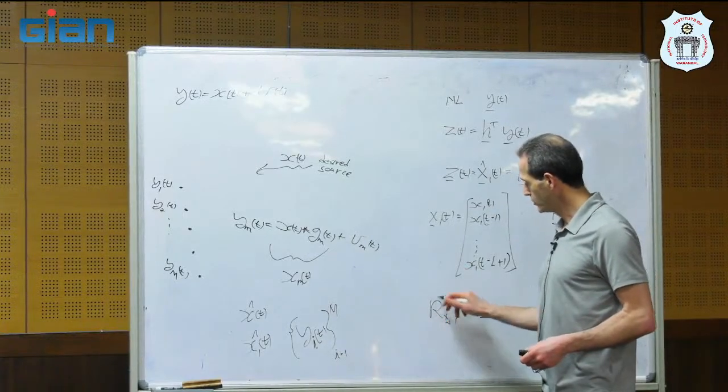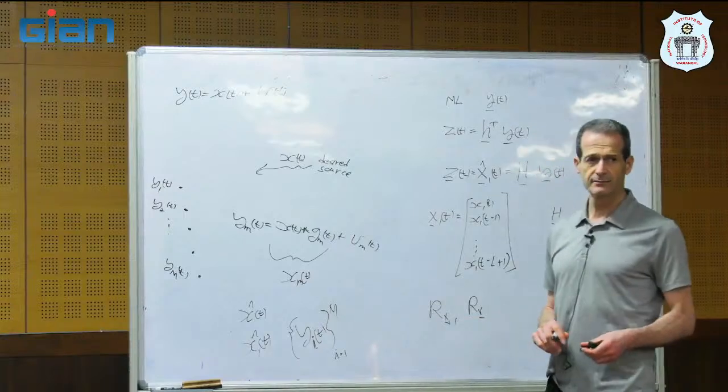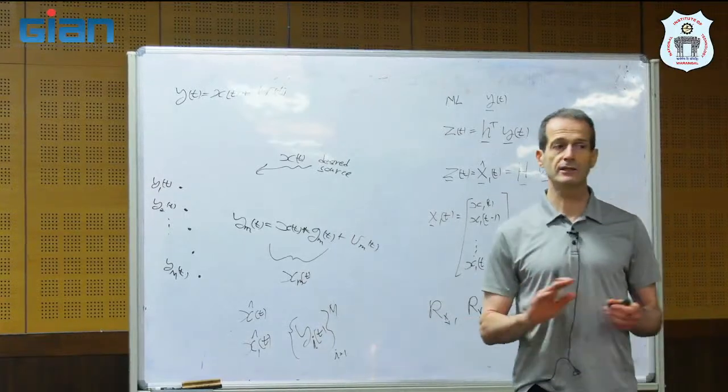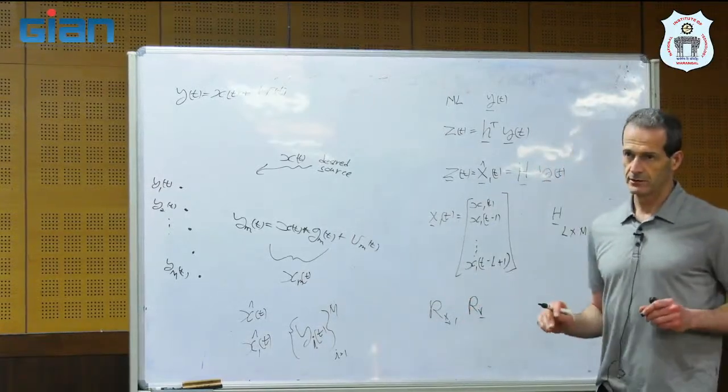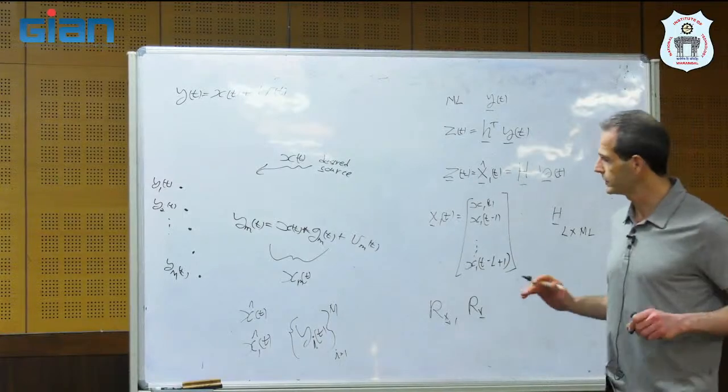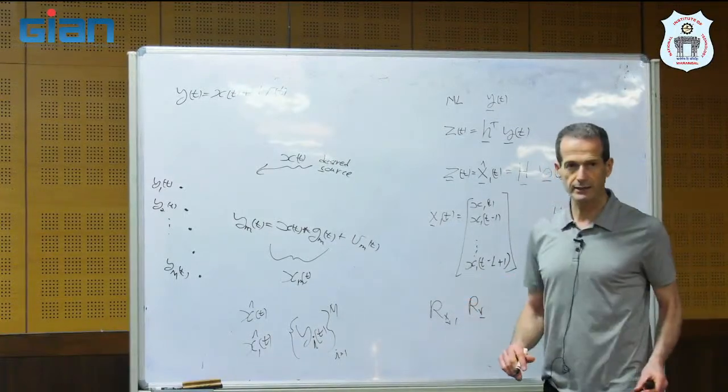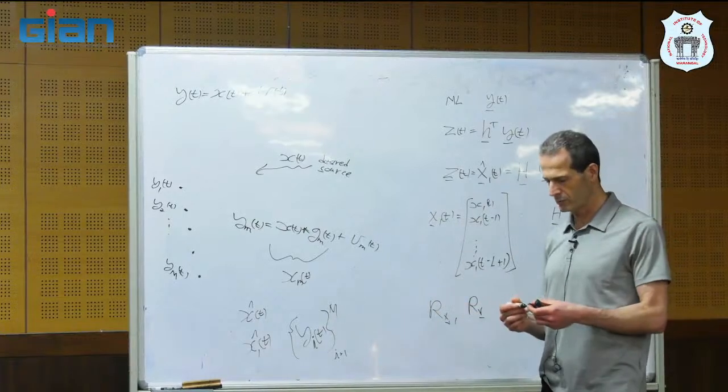So if we know these matrices, which contain a lot of information, and in practice it's very difficult to know these matrices. Okay? Suppose that we know, we will see some examples.